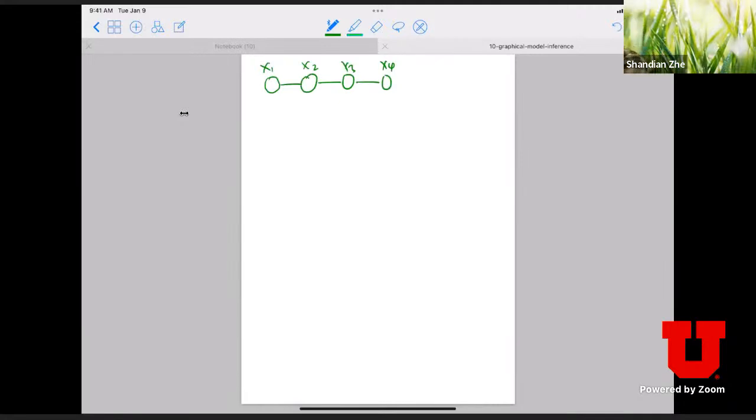I want to compute the marginal distribution of X4. Just following the same definition, I want to give you a concrete number, 4, rather than a big N, to showcase how this calculation trick works.